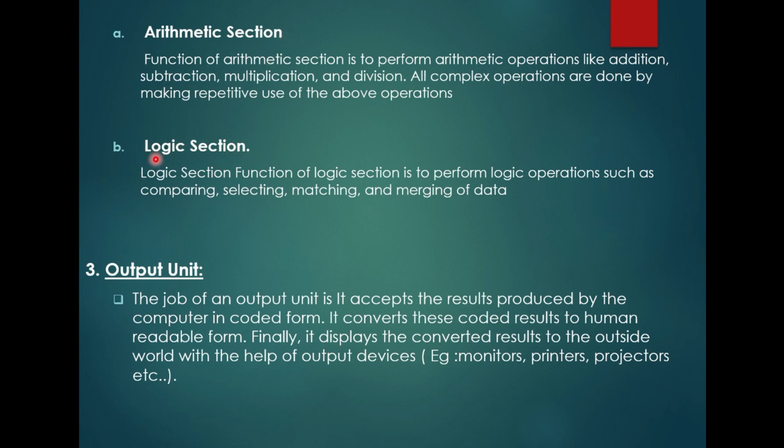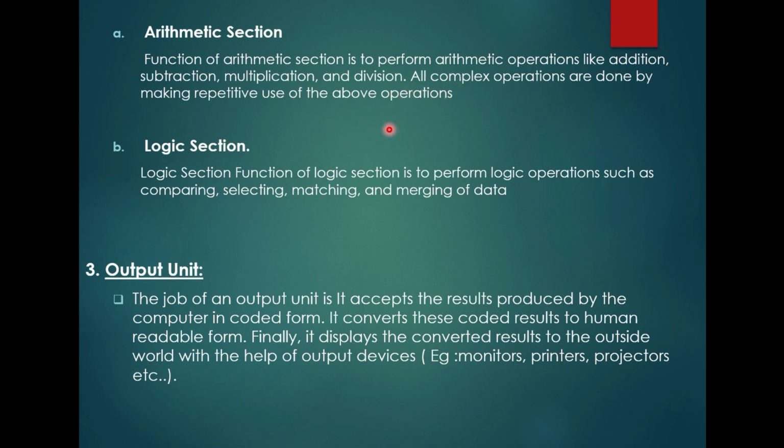And the second one is the logic section. The function of the logic section is to perform logic operations such as comparing, selecting, matching, and merging of data. This is also the same as the arithmetic section, but here the logic section performs operations to compare. For example, if I give a equal to 10 and b equal to 15, I want to compare them.